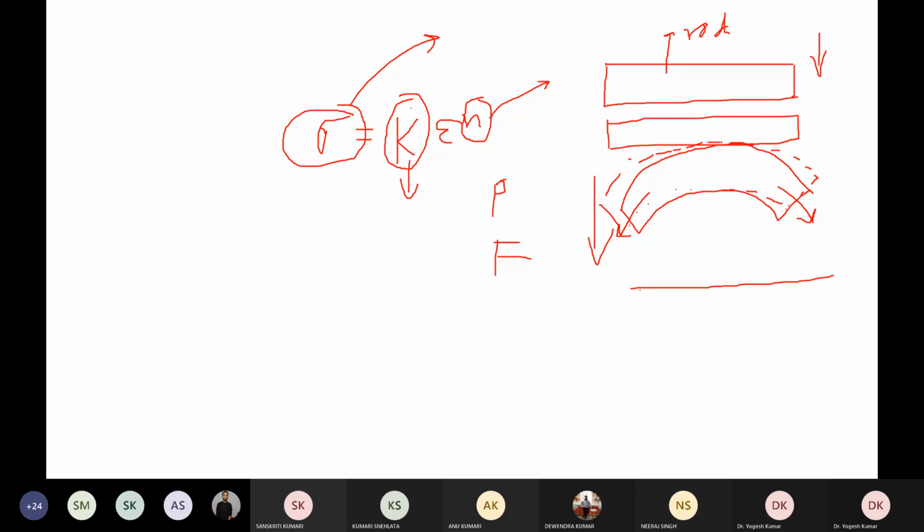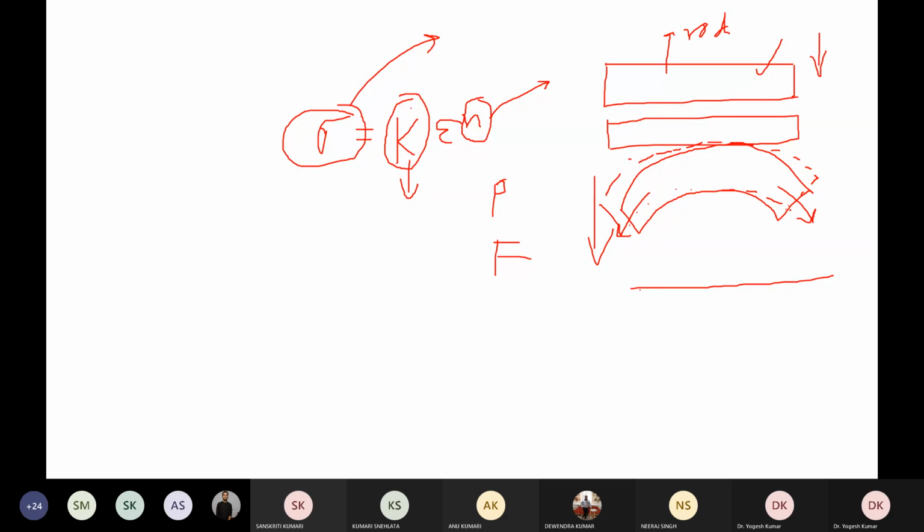So initially, your rod was like this. If you applied force, then it became like this, it got bent, and when you remove the force, it tries to get its original position, or there is some kind of elastic deformation that exists.